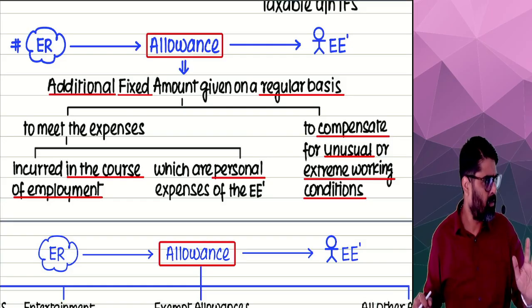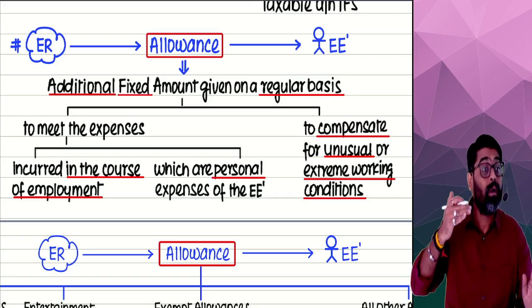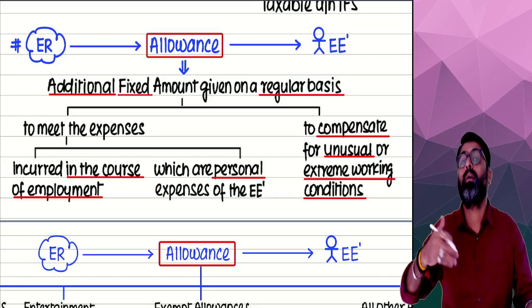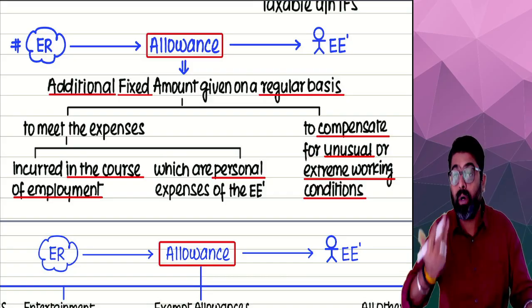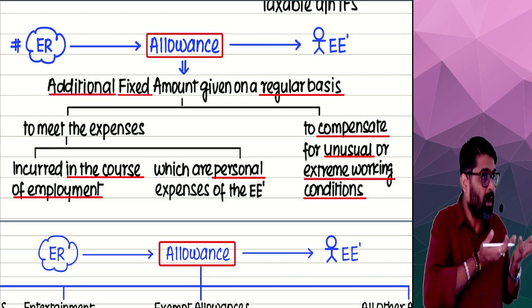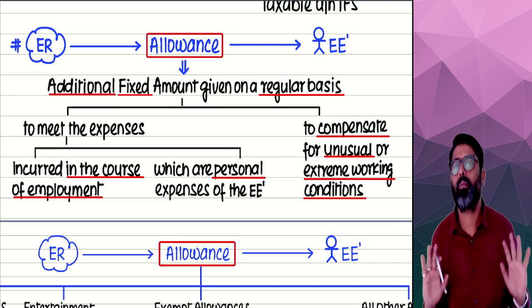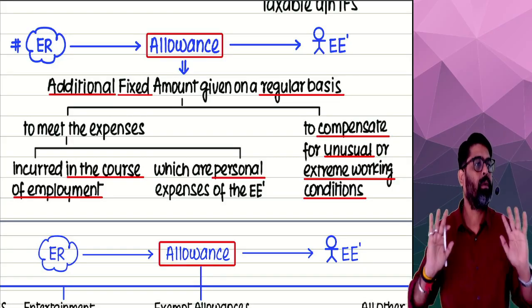Any type of official work which you are doing in the course of employment, the employee might have to spend for the employer's work. So to do those spendings, the employee should not come again and again to me. What I'm going to give is a fixed amount on a regular basis.